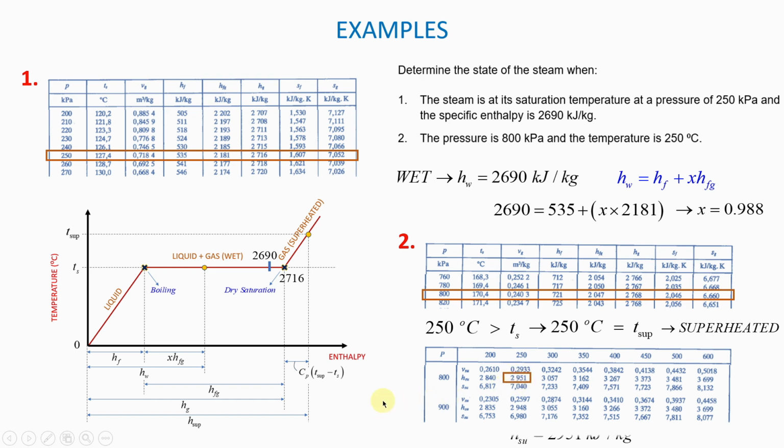So hsup will be equal to 2951 kilojoules per kg. But what is important to note for that question is that the state of the steam is superheated. Okay, very important.